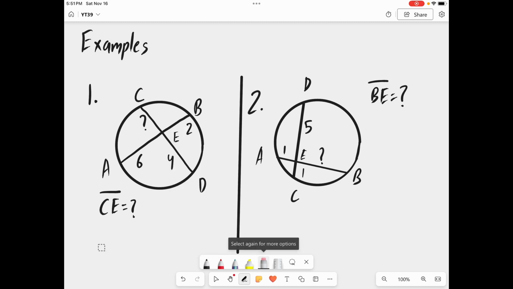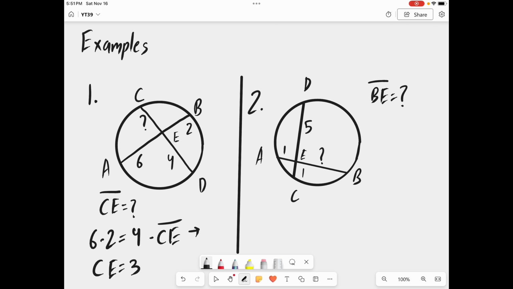We have AE times BE, which is 6 times 2, is equal to 4, which is DE, times CE. So if you do the math, you get CE is equal to 3. So the answer to our question is CE is equal to 3.